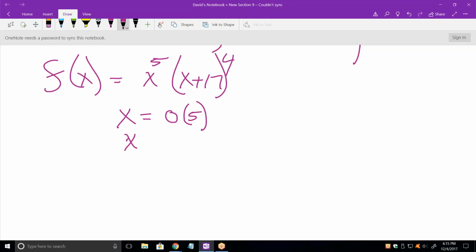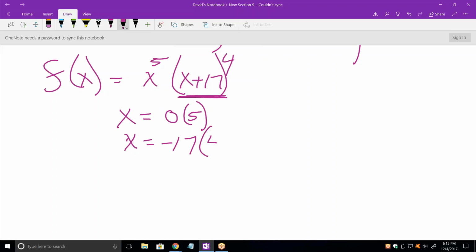And then my next 0 is negative 17 with multiplicity of 4.